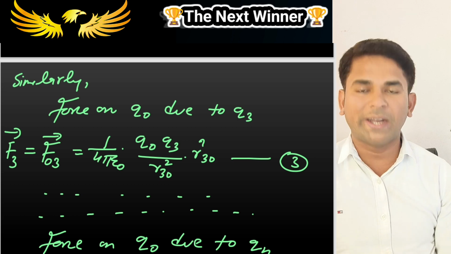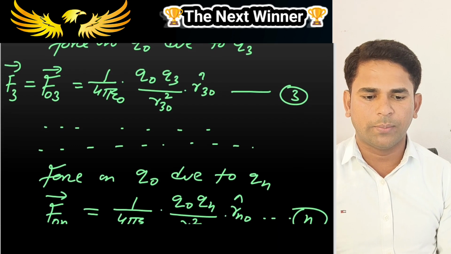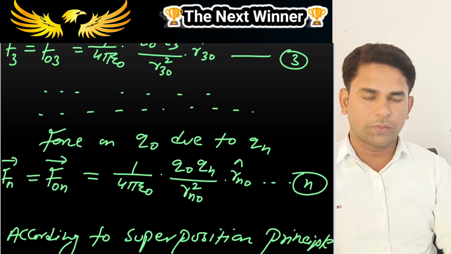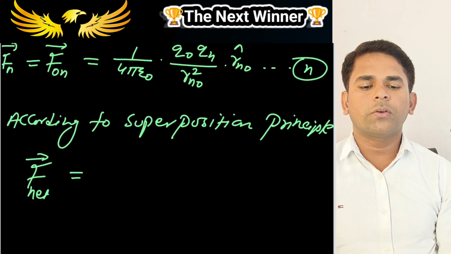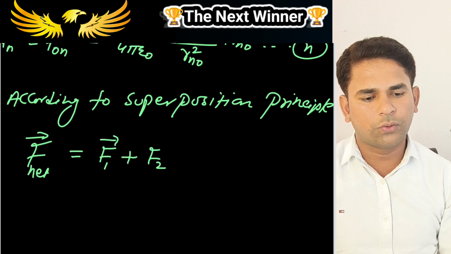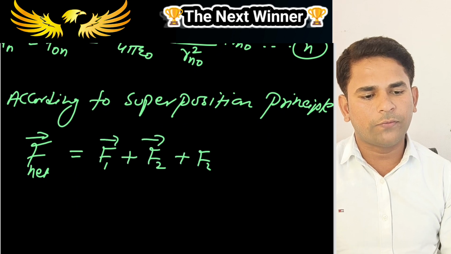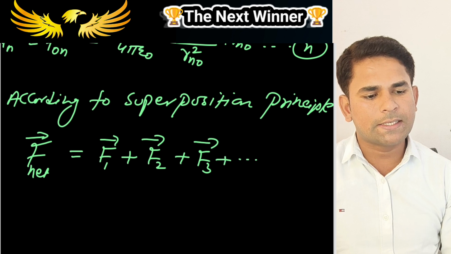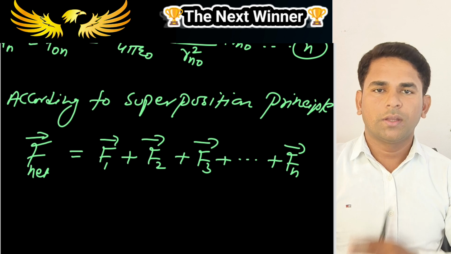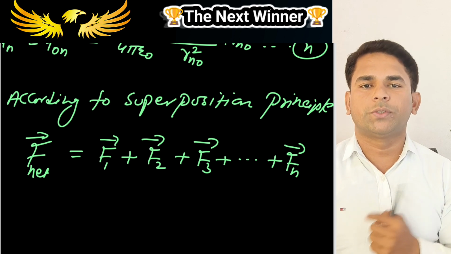Maybe for better explanation I am writing like this, and here suppose Fn force. Now net force you can write as vector F1 plus vector F2 plus vector F3 plus dash dash dash plus vector Fn. This is according to superposition principle.